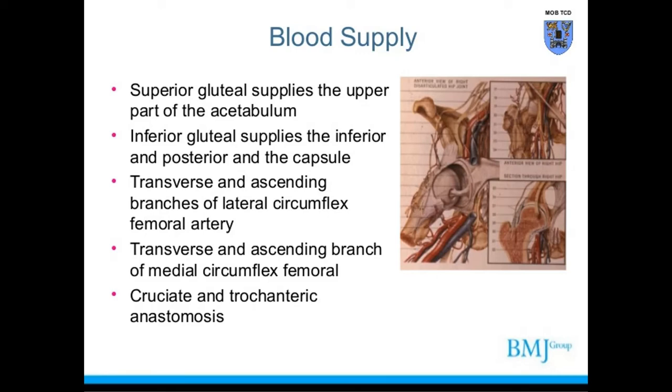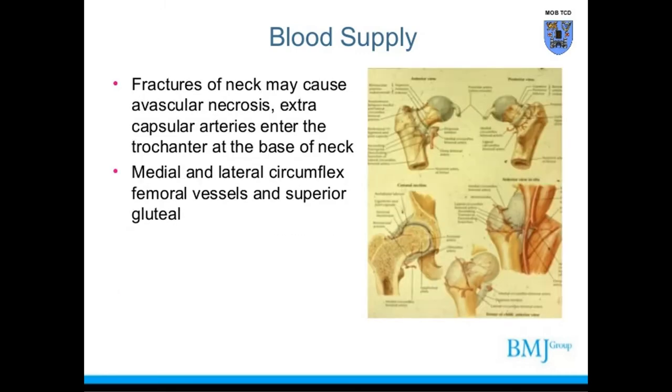Head of femur is supplied by the reticular vessels through the anastomosis, and acetabulum is supplied by superior gluteal artery and inferior gluteal artery. So we can very well understand this.